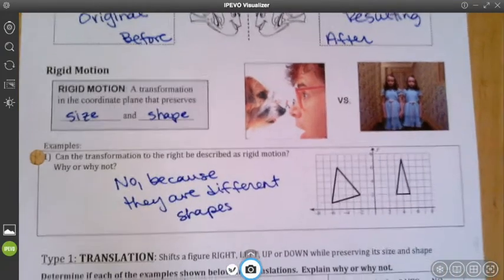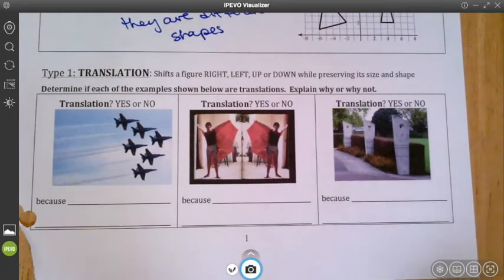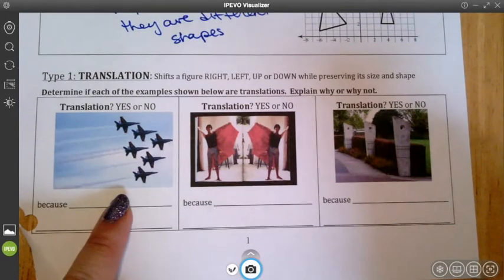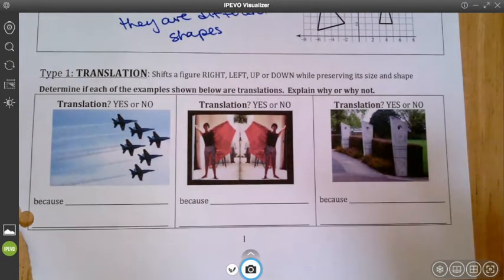So what I'd like you to do is down at this image, I'd like you to say whether or not each of these images represents a translation. Are these copies of each other, identical copies of each other? Are these identical copies of each other? And are these identical copies of each other?